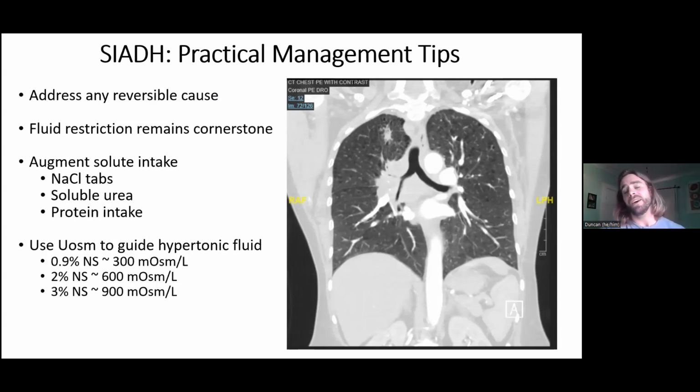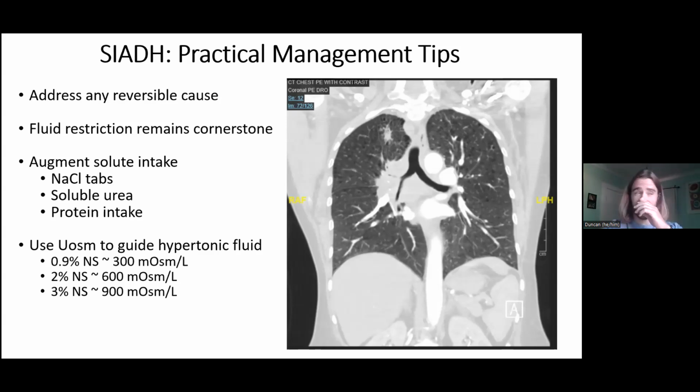And then another quick thing is if someone has really tricky to manage hyponatremia from SIADH, and you're thinking, shoot, we're not really making any progress with free water restriction, I think we need to use hypertonic fluid, just look at the set urine concentration, the urine osmolality, because that will guide the tonicity of the hypertonic fluid that you need to give.